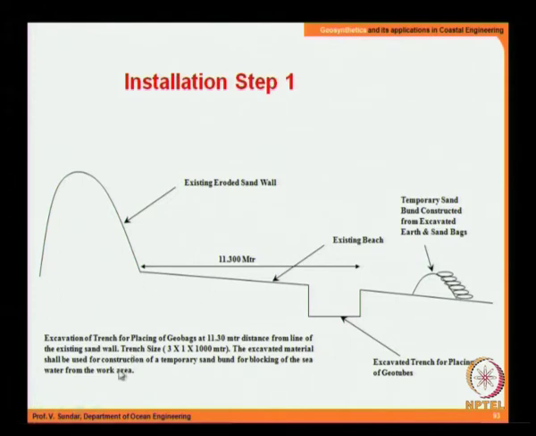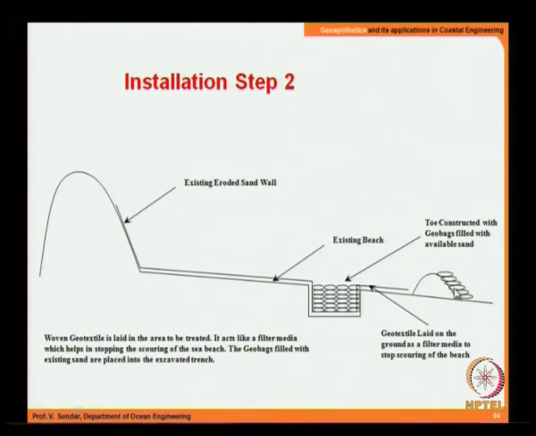A trench of this size, 3 by 1 by 100,000 meters for the entire length, was dug. The excavated material was used for construction of the bund, and that bund was also provided with sandbags.